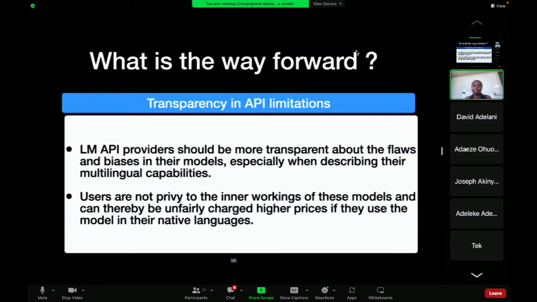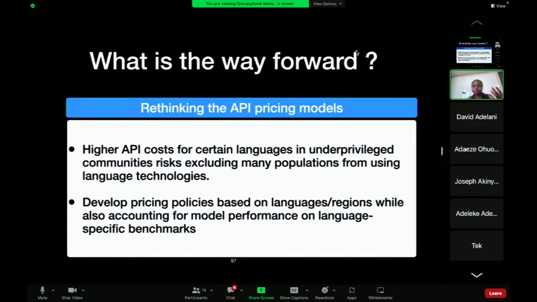Who gains from it? Because usually, I can bet that most of the users of ChatGPT, for instance, do not even know what a language model is, or do not even know what a neural network is. So they do not understand how these models work, and then they could be unfairly charged higher prices if they keep on using these models in their native languages.